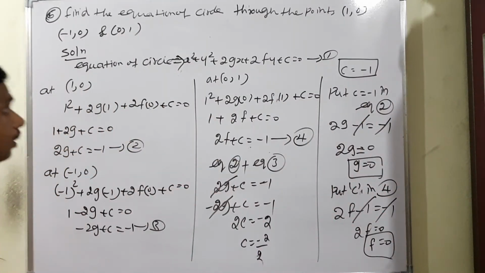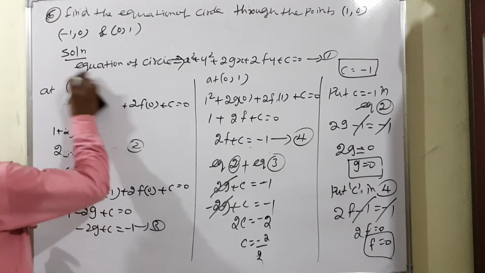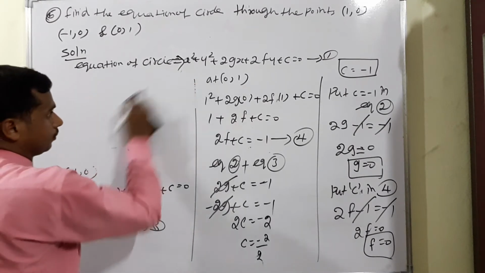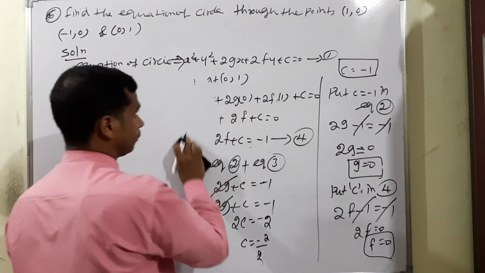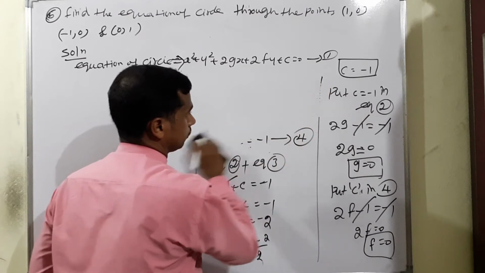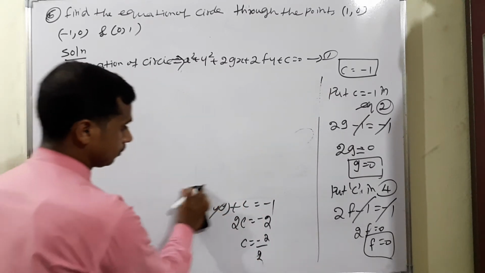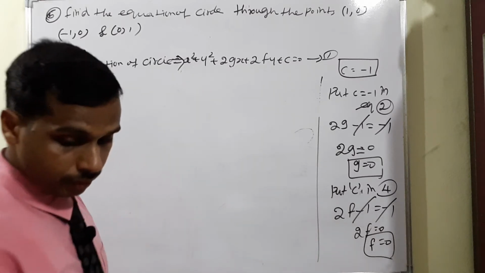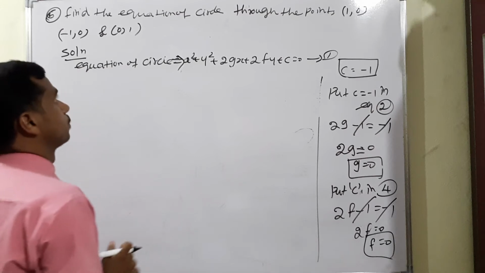Now, just apply in the main equation. Main equation, general equation of circle formula, x square plus y square plus 2gx plus 2fy plus c equals 0. You have the result g is equal to 0, f is equal to 0, c is equal to minus 1.